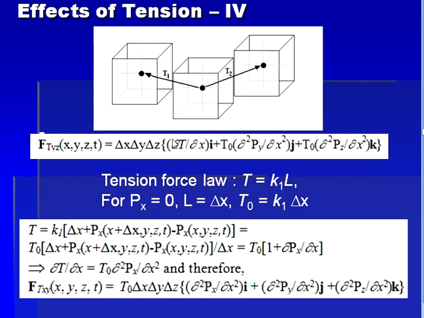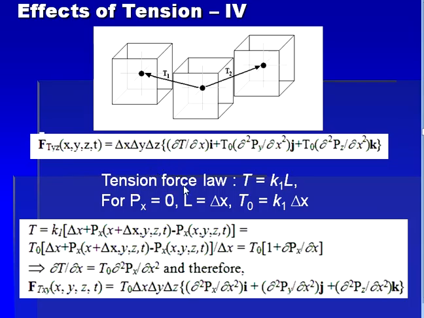The result from the previous slide appears at the top here, where we have just evaluated the force due to the tension on the YZ faces of the cube as being given by this expression shown here. What remains to be done is to expand the term partial of T with respect to x.